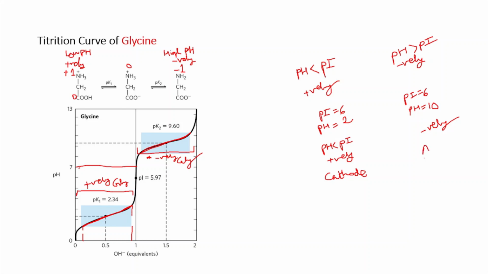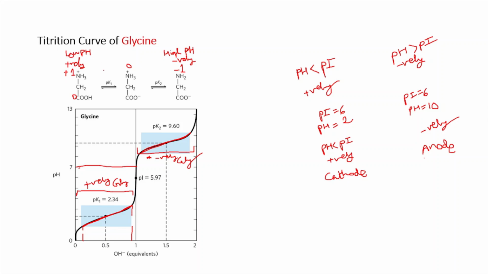So the same amino acid behaves in different ways because of the medium conditions. Whenever you lower the pH below the pI, the amino acid becomes positively charged and migrates to the cathode. But if you increase the pH beyond the pI, the amino acid behaves as a negatively charged amino acid and migrates to the anode.